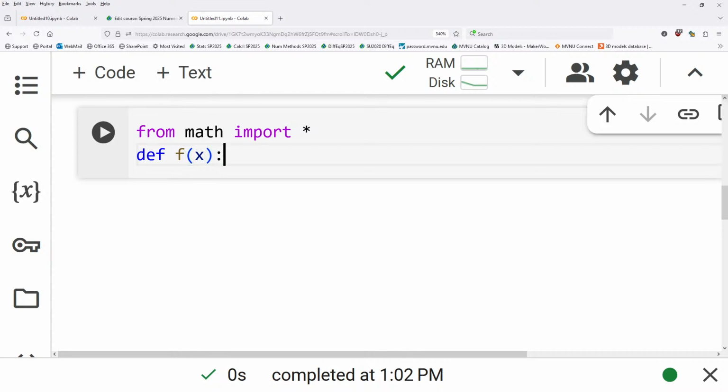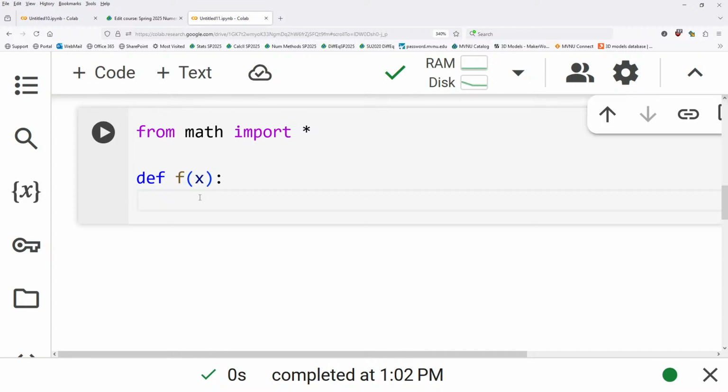Okay, you can define functions. Notice this is def f of x, and then you have that indentation. Anytime you put a colon at the end of a line, it assumes that you're going to be making another line and that this is part of some sort of function or code. Here, I'm just going to move this, put another enter there.